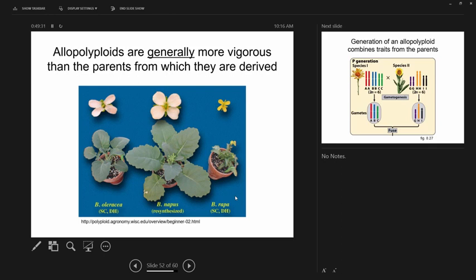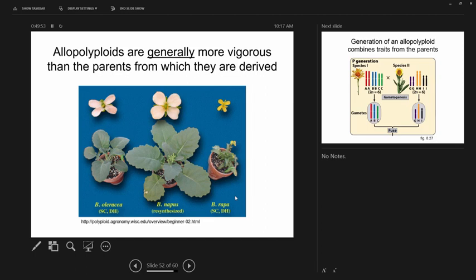It is exactly the same idea as hybrid vigor, except that hybrid vigor is when you cross two plants of the same species, and you're not increasing the number of chromosomes, you're just mixing up the alleles.